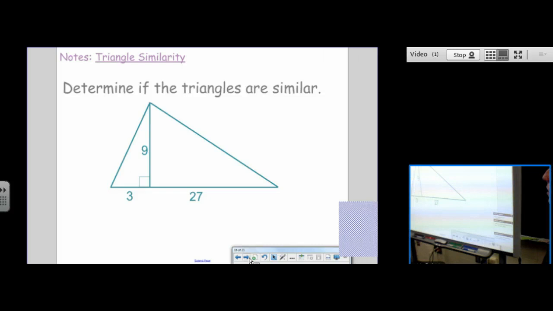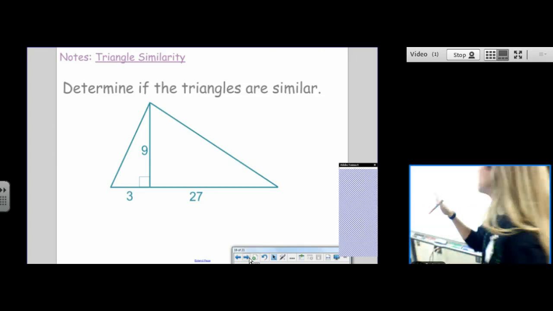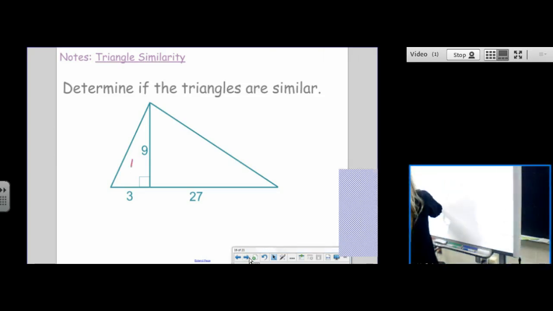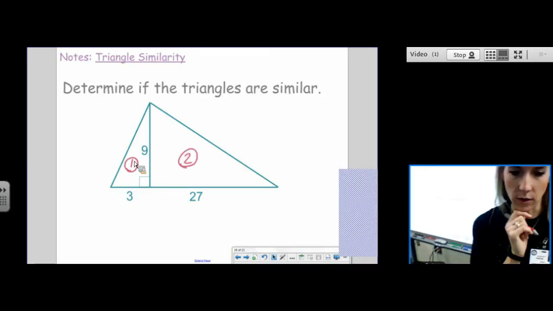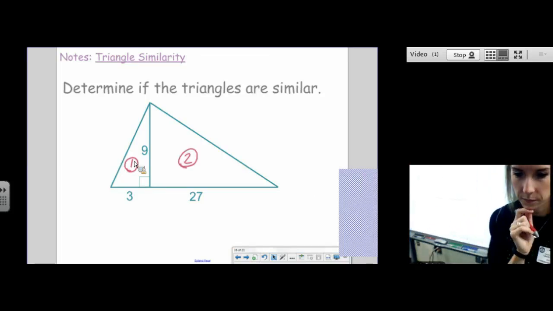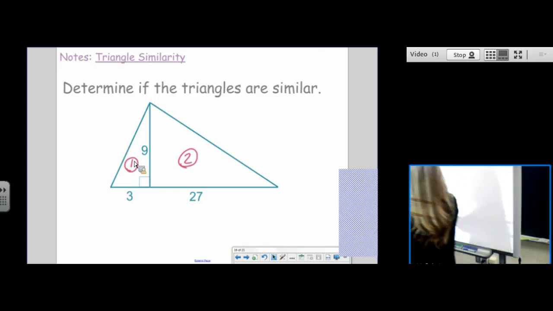Determine if the triangles are similar. There are three triangles here, so let's just talk about two of them: the one on the left and the one on the right. Let's not talk about the large triangle. So we know this is true, right?